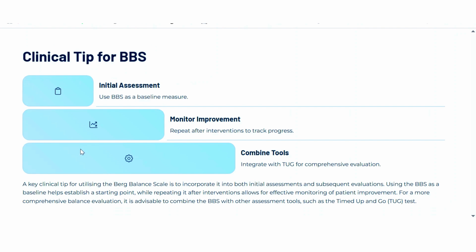It helps you establish a baseline starting point, while repeating it after intervention allows effective monitoring of patient improvement. You can also use it with other tools, such as the Timed Up and Go test, to understand how much balance risk is present in this patient.